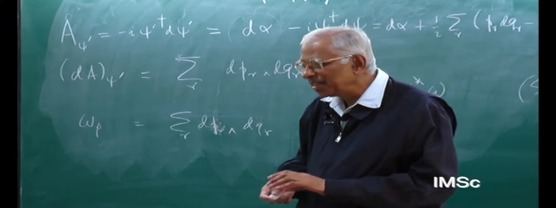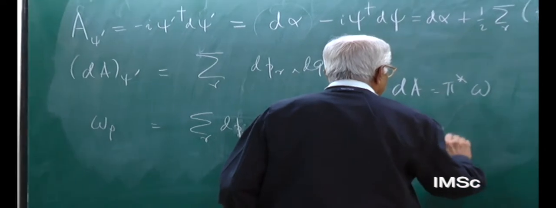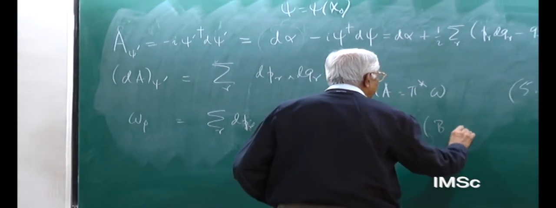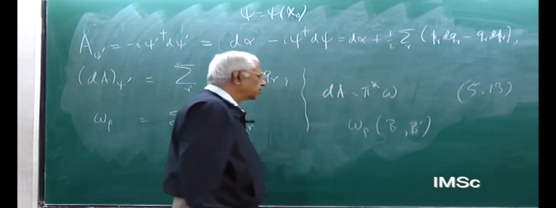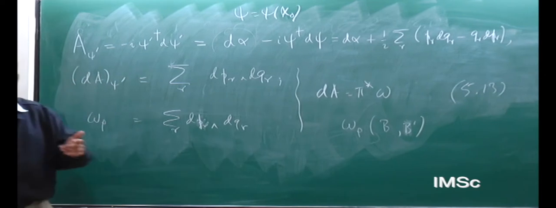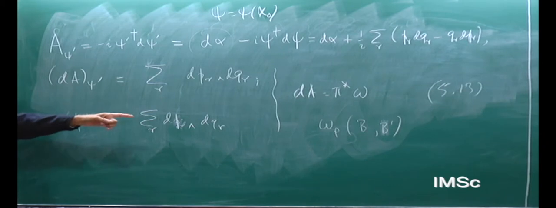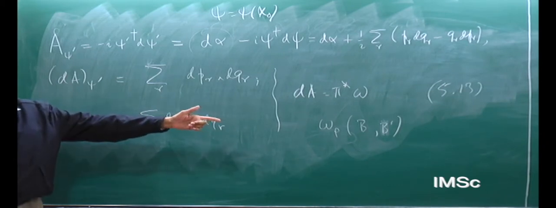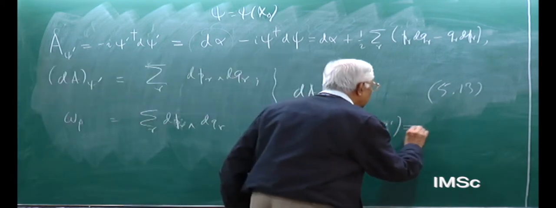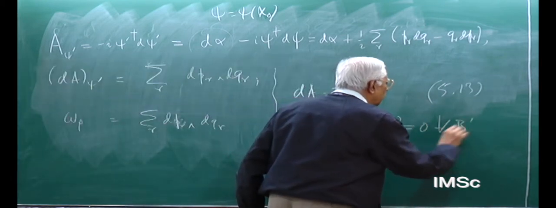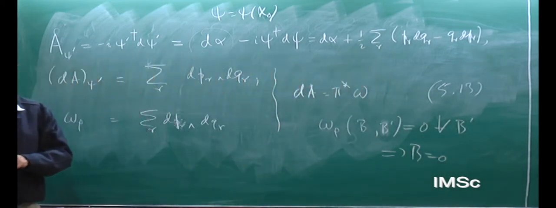What does it mean to be non-degenerate? You take any point in the ray space and take any 2 tangent vectors to the ray space at that point, B and B prime in earlier notation of today. This expression is antisymmetric in B and B prime. Non-degenerate means if this is 0 for all B prime, it implies B is 0. That is the meaning of non-degenerate.